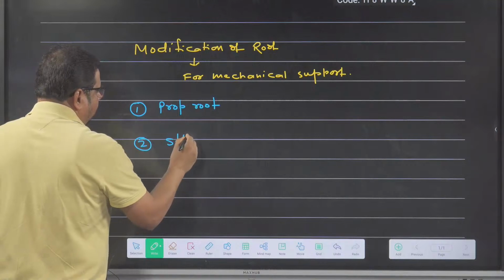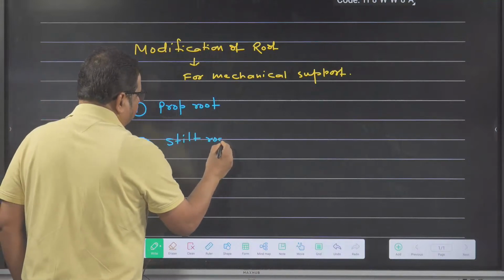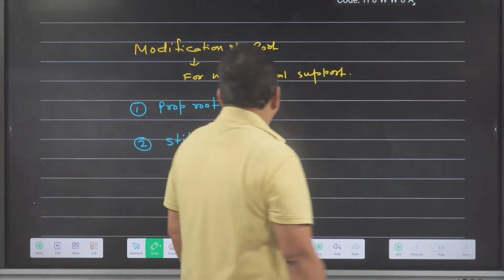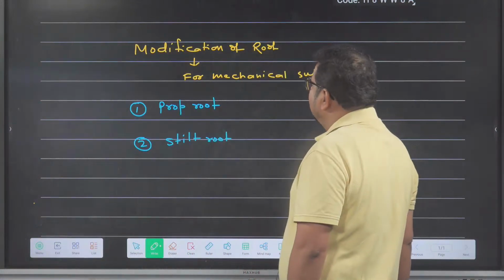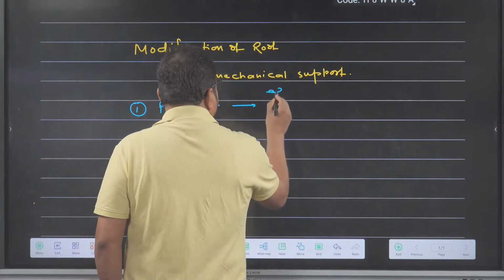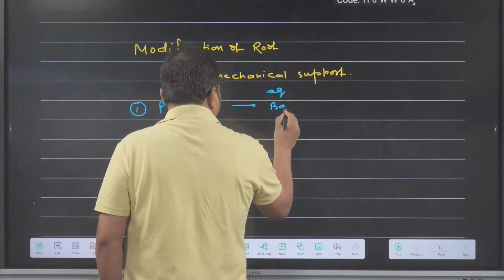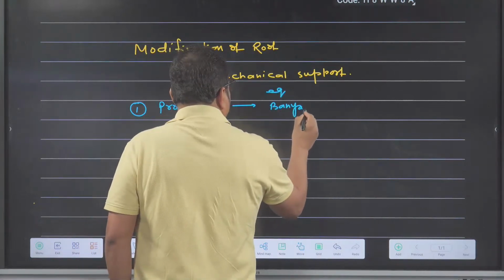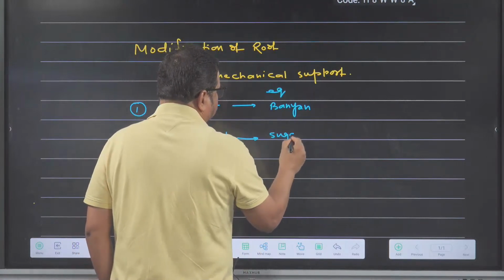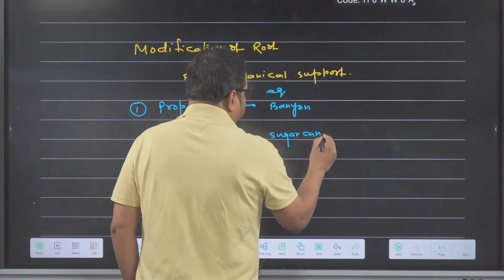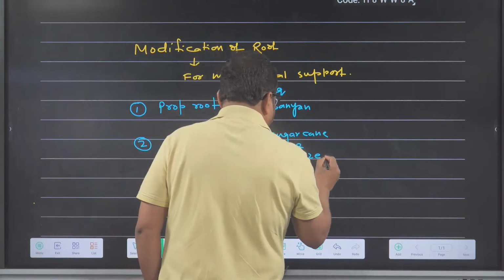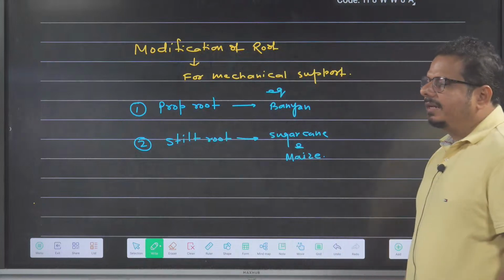A stilt root. So both prop root and stilt root are modification of root for mechanical support. Example of prop root is banyan. An example of a stilt root is sugarcane and maize. Maize and sugarcane. Got the idea?